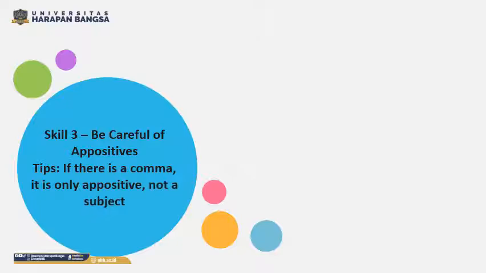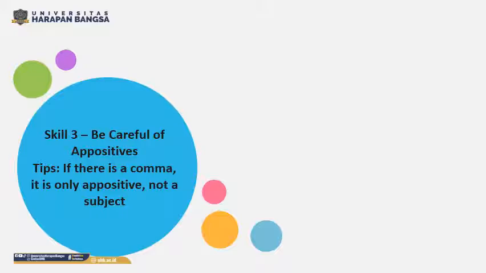Now, let's continue to the last skill. Skill 3, be careful of appositives. Tips, if there is a comma, it is only appositive, not a subject. Appositive means something that describes the subject.